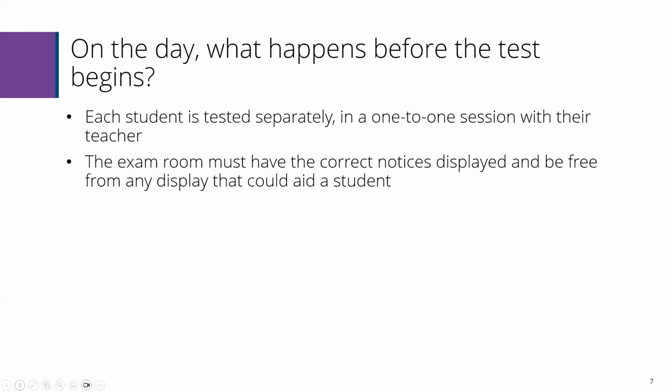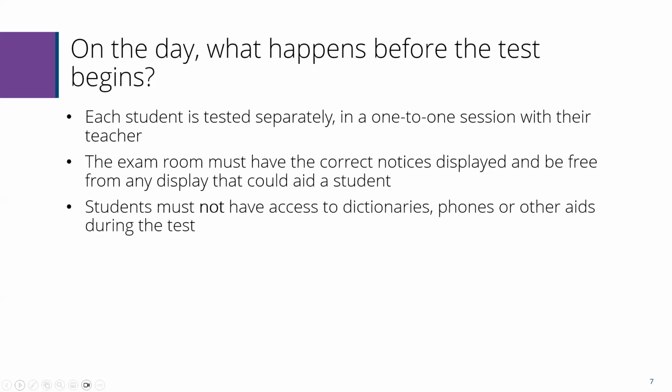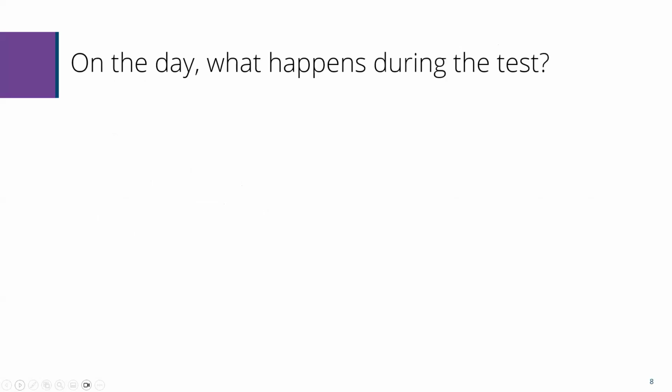So if it's a classroom, make sure the display is either covered or removed. Students mustn't have any access to dictionaries, phones, or other aids during the test. And that's as much as you need to be making sure is good to go.